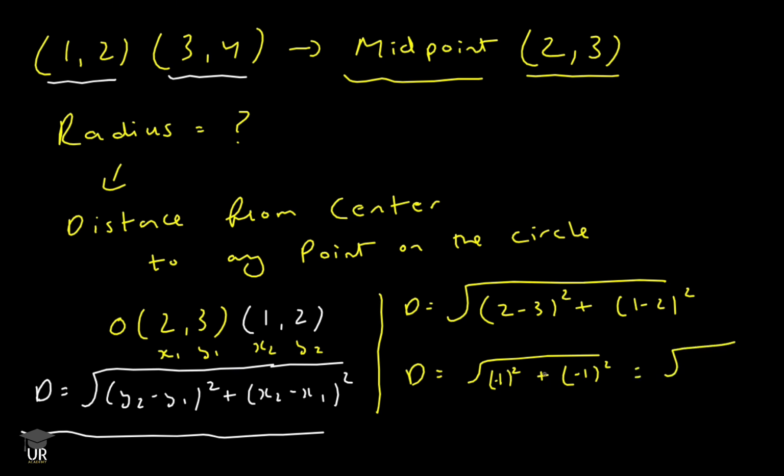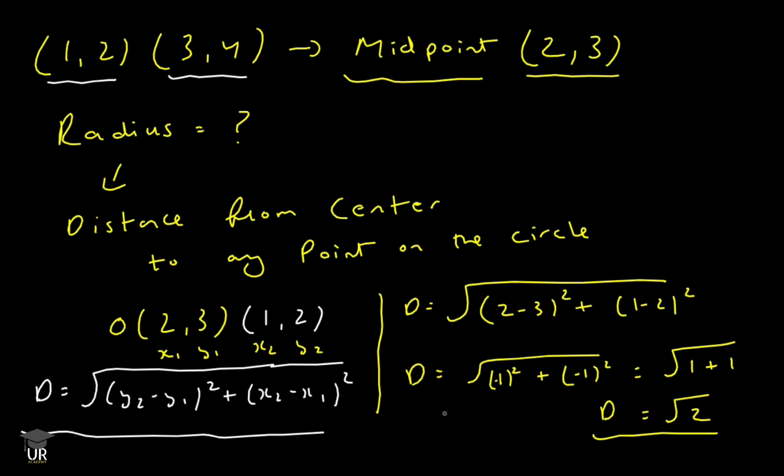Now the square of minus 1 is just 1 and the square of minus 1 again is just 1. So this will be under root 2. So the distance is under root 2 and this distance actually represents your radius.